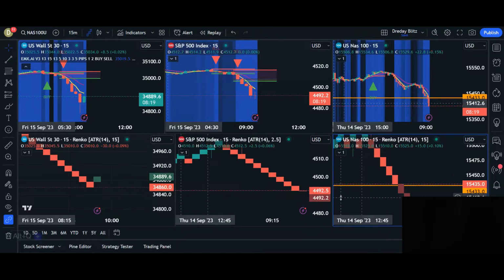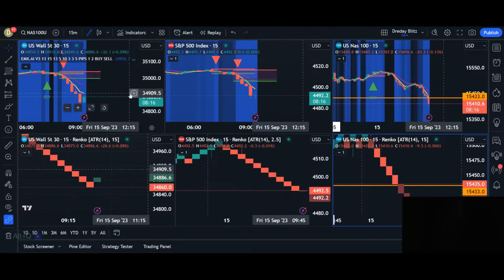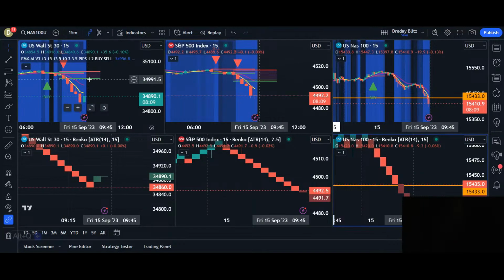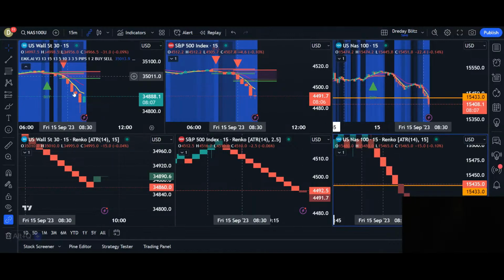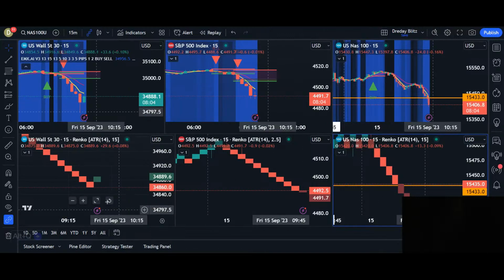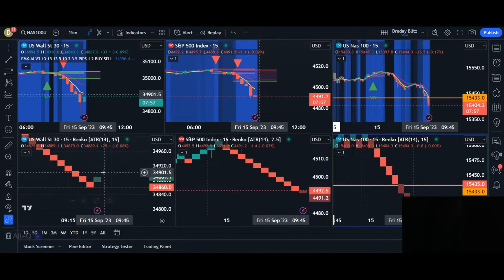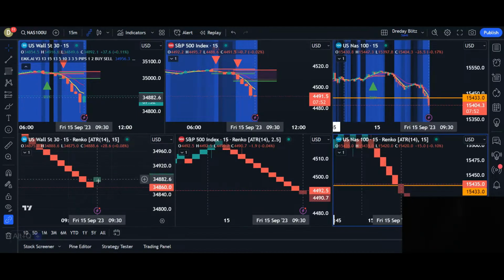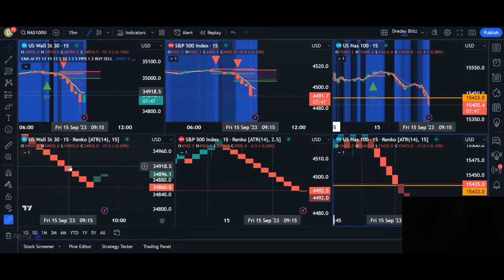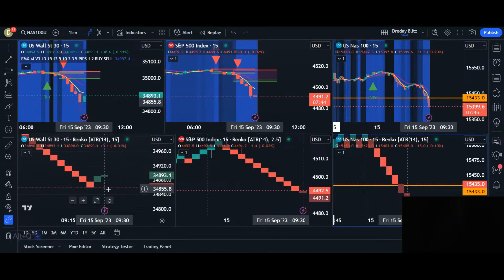If you want to keep the trade open on the higher time frame, the best way is, for example, you look at the entry on the 50-minute chart, and then you put the Renko on the 30-minute or the 1 hour. That way you're going to keep your trade open longer because it's going to consider the actual trend on the higher time frame. So that would be the best way to do it.